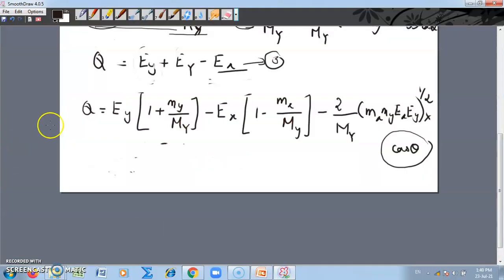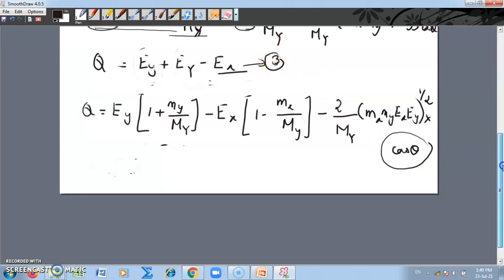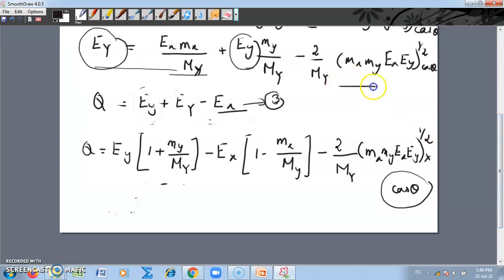Now looking at this one, we were here actually. So this was our equation 3 which we had taken at the very beginning, and then we had found this considering the conservation of energy and momentum.